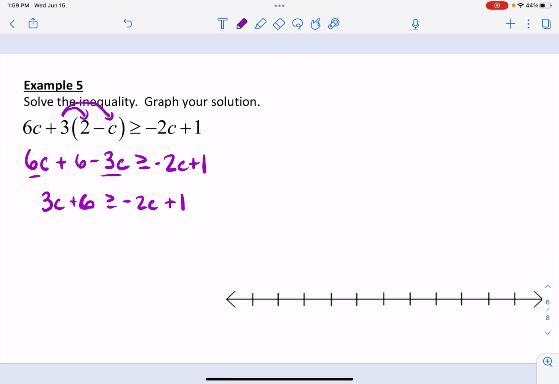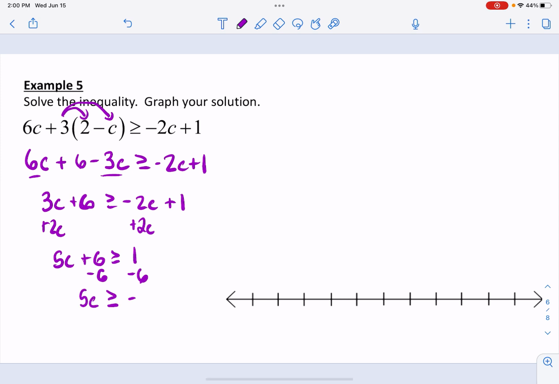So that 2c is negative. If I were to subtract the 3c over, it would still be negative. So what I'm going to do instead is I'm going to add the 2c. I'm going to subtract the 6.